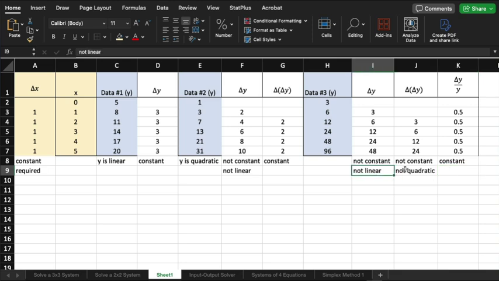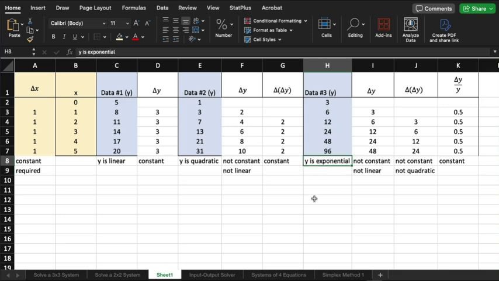So it's not linear, not quadratic. You have to eliminate those as possibilities first. But then when we did our delta y divided by y, we got a constant. Therefore, for our third data set, y is exponential. Y is an exponential pattern over x.